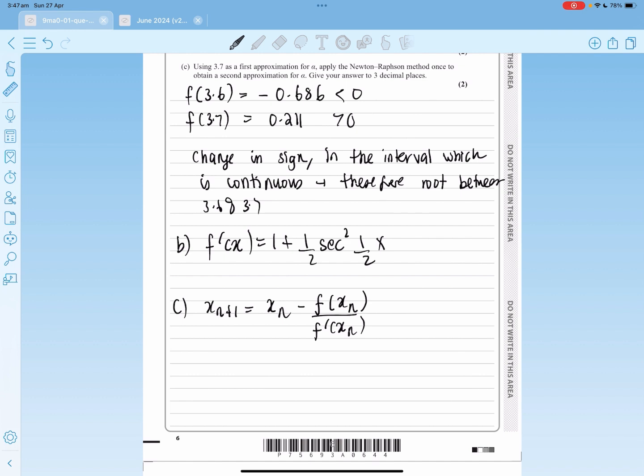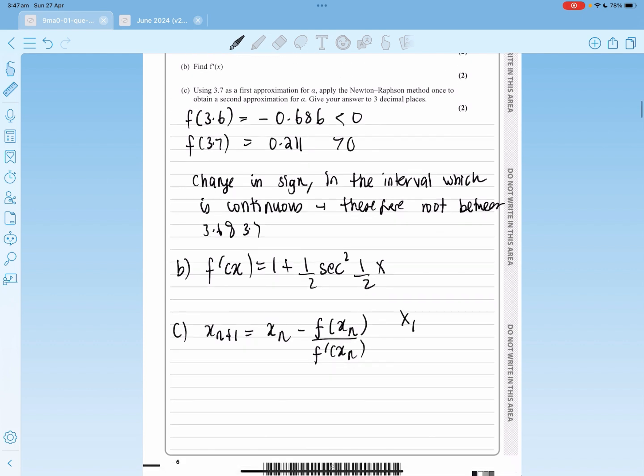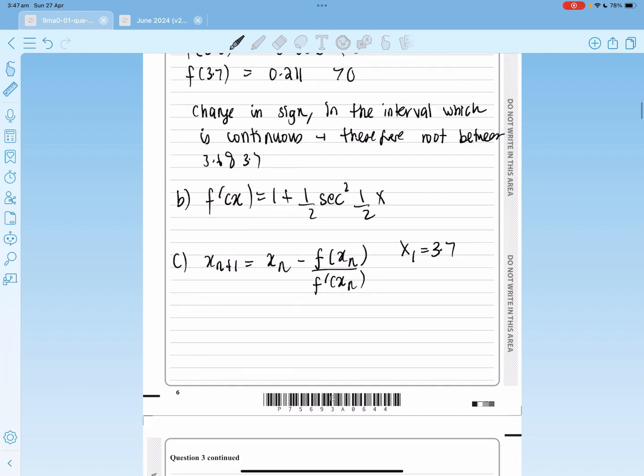So x1 is equal to 3.7, and it's asking us to find x2. So we know x2 is therefore going to be 3.7 minus f of 3.7 over f dash 3.7. Now we just use the calculator and find the value.